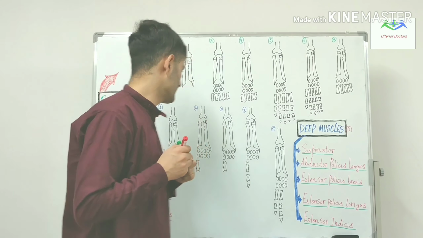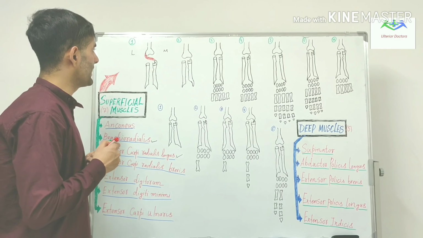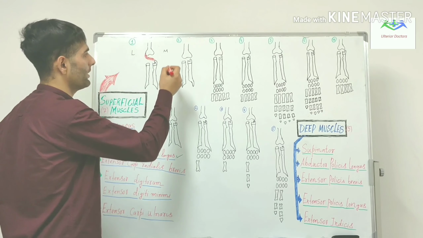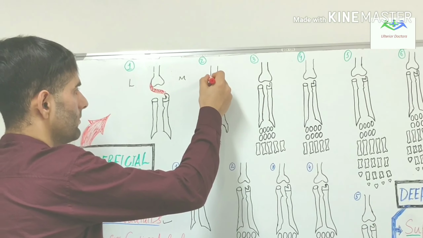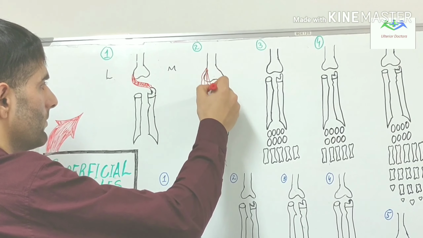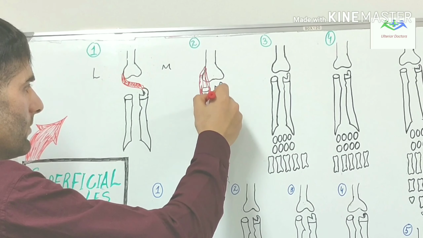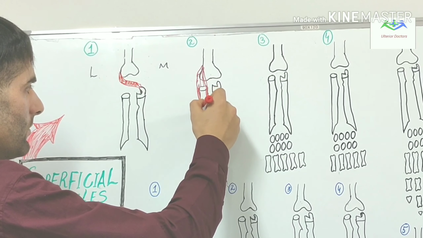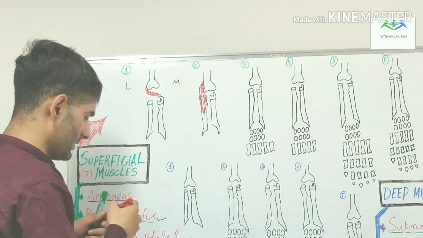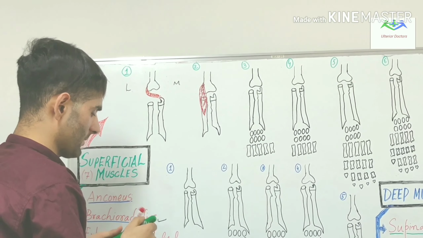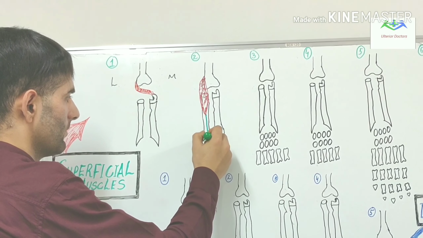Now come to second muscle, that is brachioradialis. The brachioradialis originates from the supracondylar region, from here, and goes down radially and is inserted to the styloid process of radius.